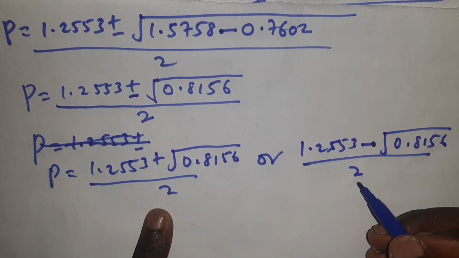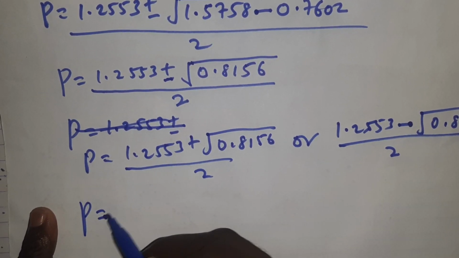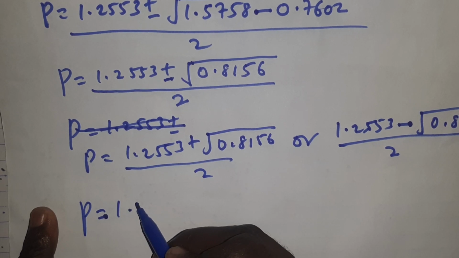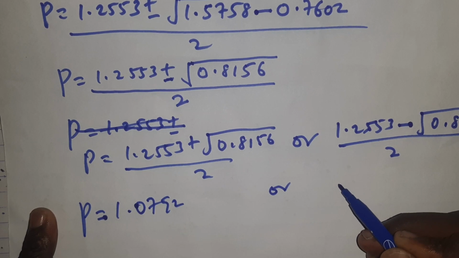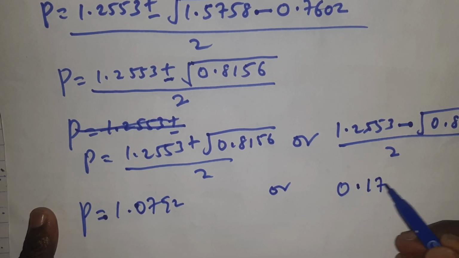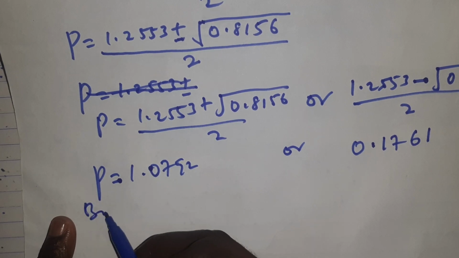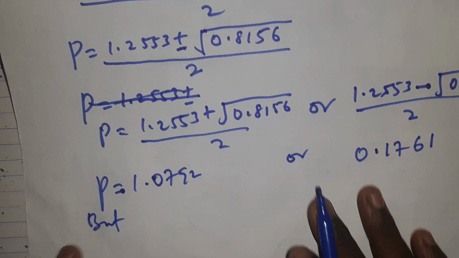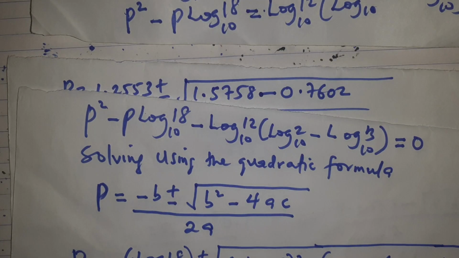Simplifying this with your calculator, you end up getting p equals 1.0792, or you get 0.1761.